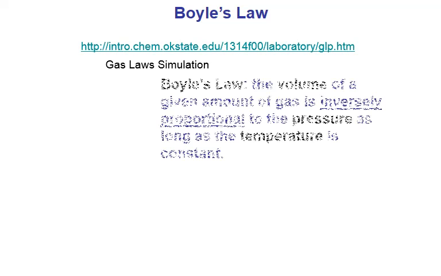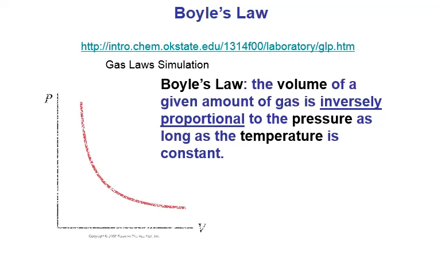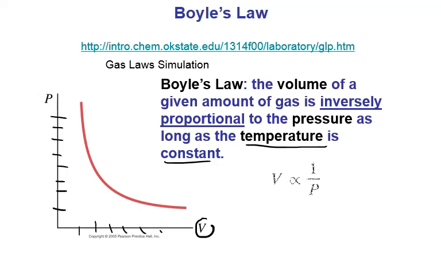Okay, so with Boyle's law, we're dealing with an inversely proportional relationship. The volume and the pressure, as long as temperature is constant, are inversely proportional. In other words, as the volume gets bigger, pressure is going to drop, if we keep temperature the same, and that's Boyle's law.